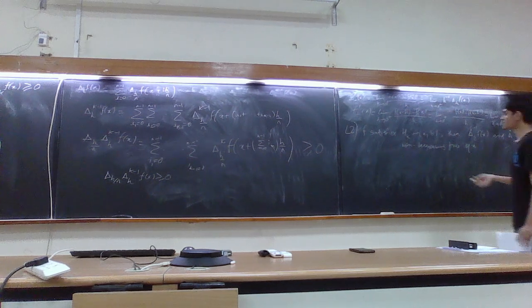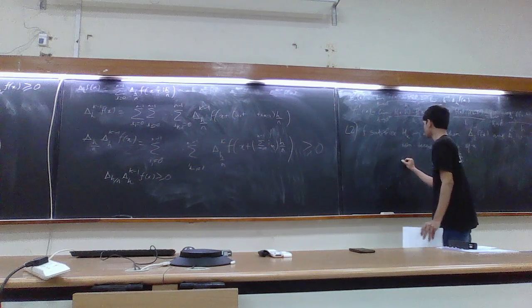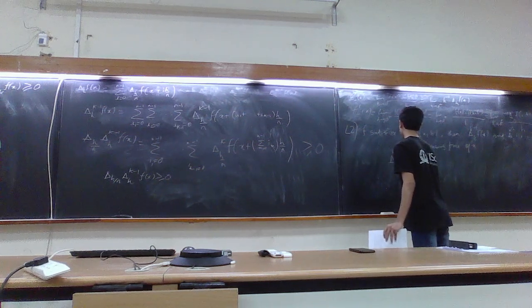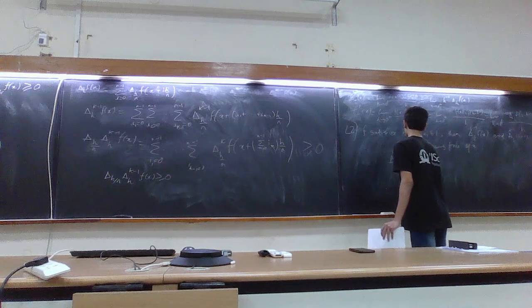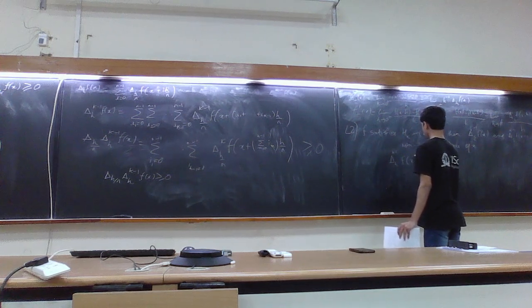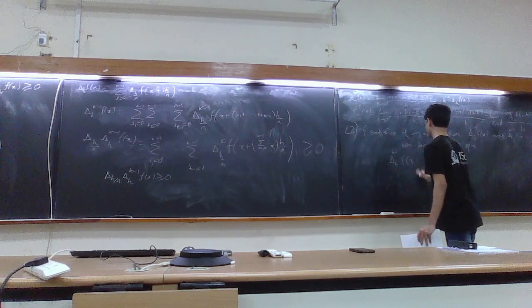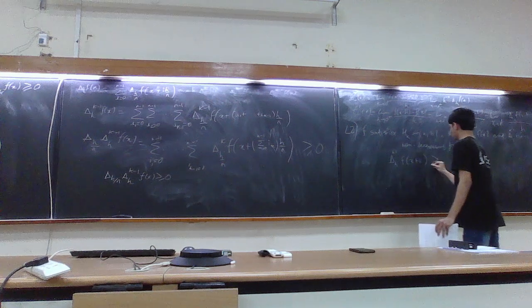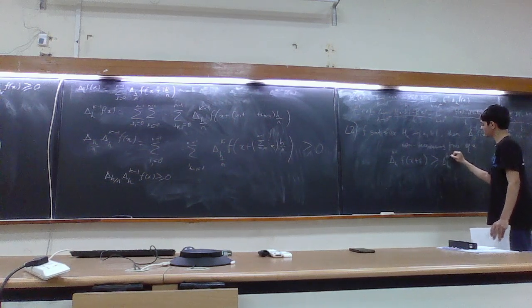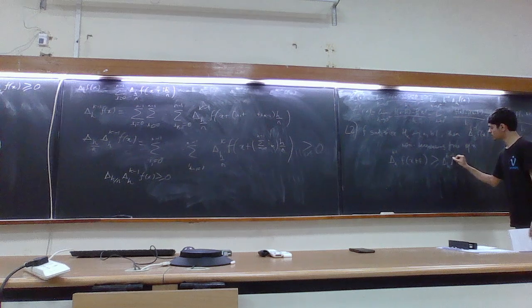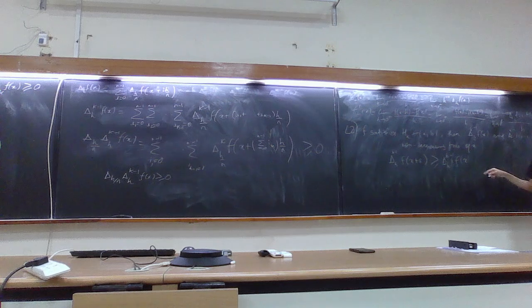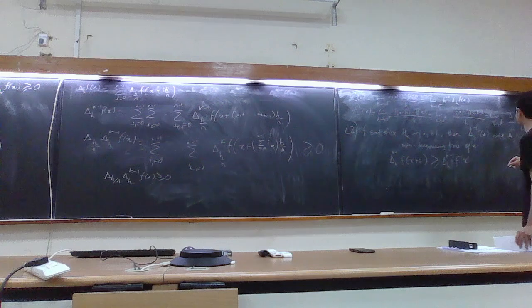So since f satisfies hk, we have that the k minus 1th order forward difference... so we have this, right, from lemma 1. And now note that we want to prove that this is non-decreasing.